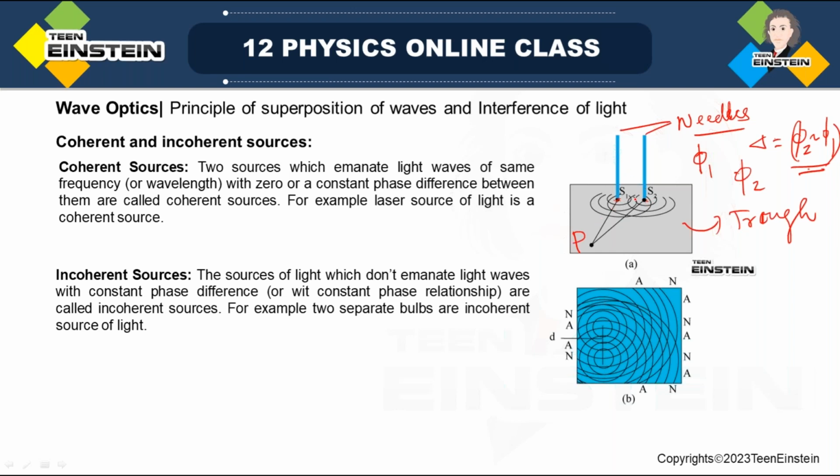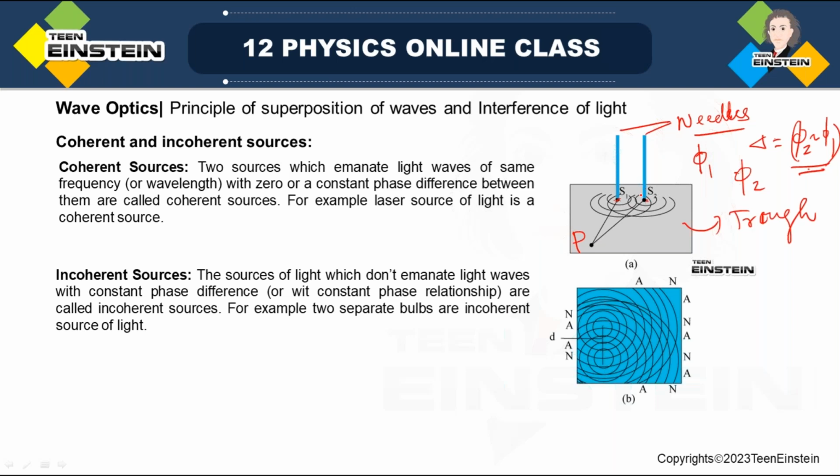If by this mechanism we are able to make these needles move up and down on the surface simultaneously, without any time difference between them, then what will happen? The waves produced by sources S1 and S2 will have the same phase.